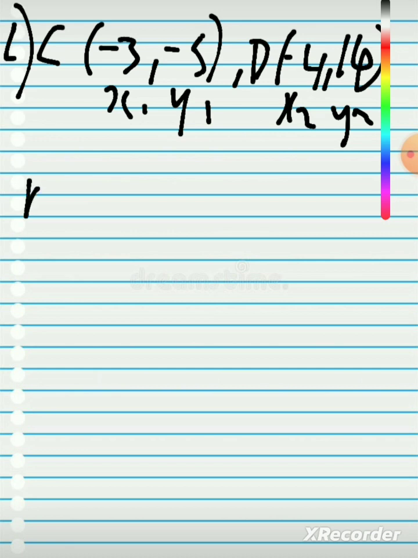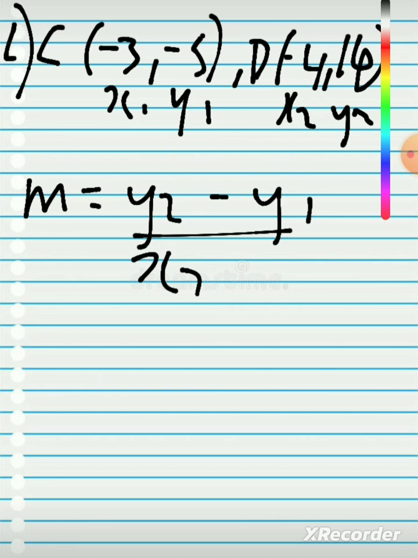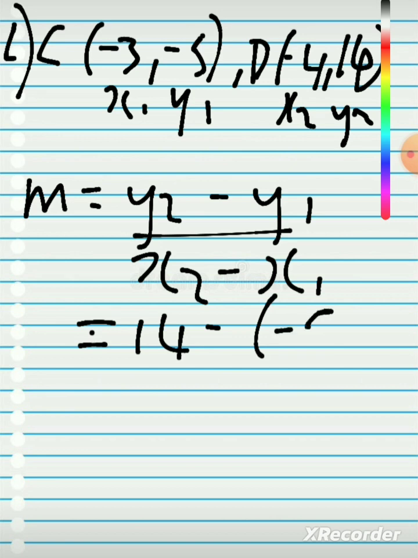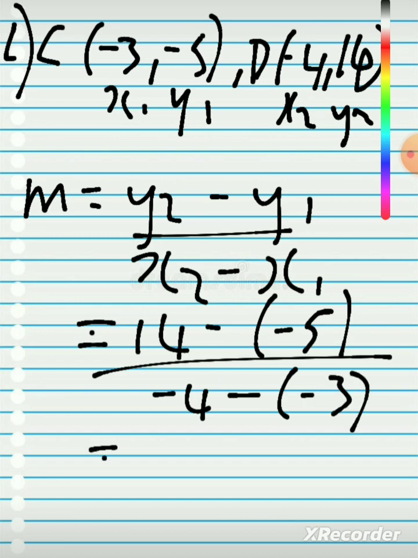So gradient is equal to y2 minus y1 over x2 minus x1. What's our y2? It's 14 minus y1, -5, over x2, -4, minus x1, -3. So it's going to be 14, negative times negative is plus 5.